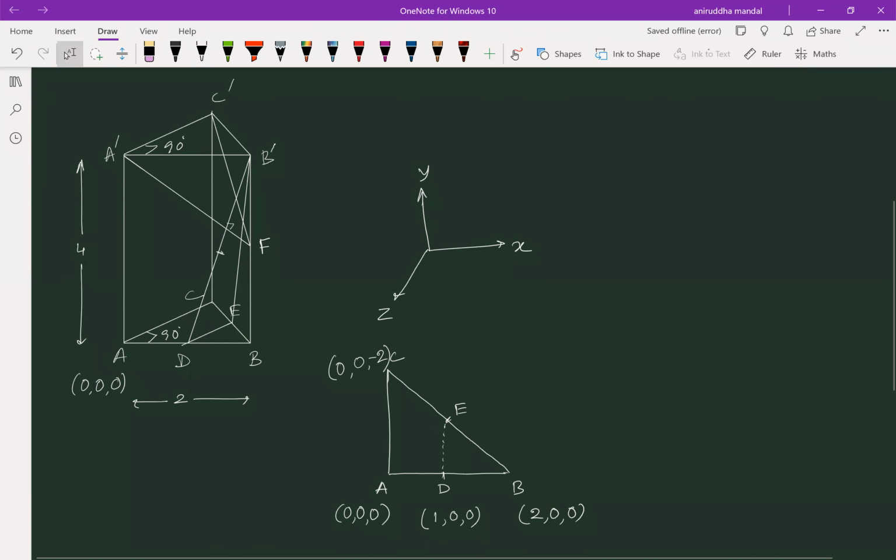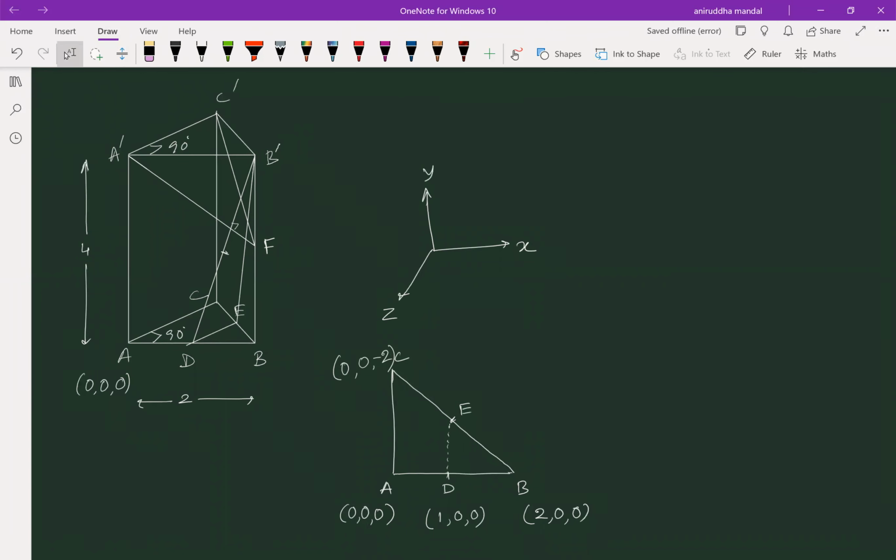Now if E is the midpoint of BC, we can write E as 1 comma 0 comma minus 1.